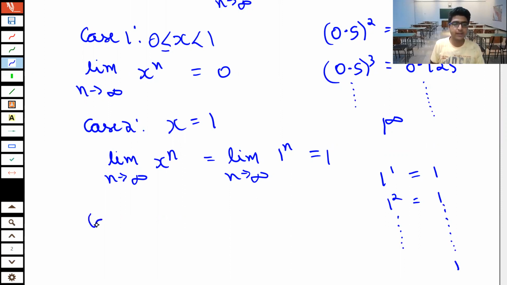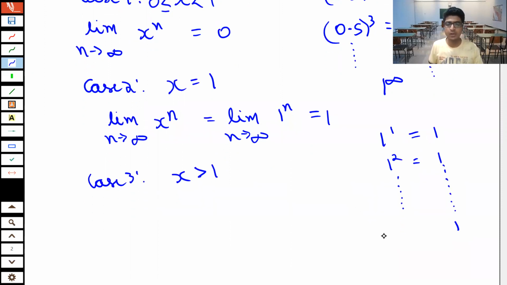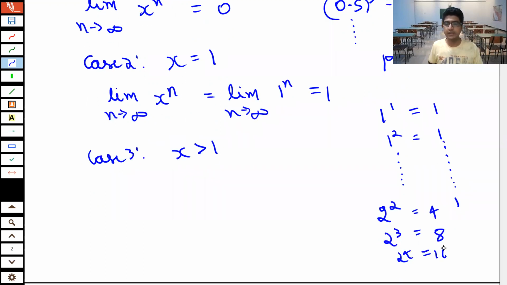And case 3, when x is greater than 1. Let's take 2 as x. What's the value of 2 to the power 2? That is equal to 4. What's 2 cubed? That is equal to 8. 2 to the power 4 is equal to 16, and this goes on.